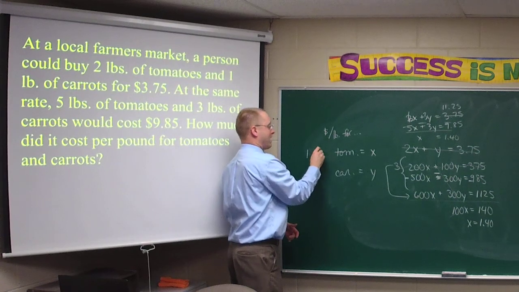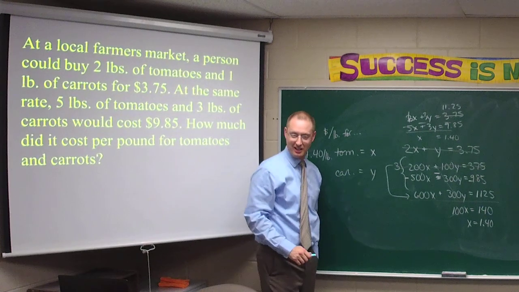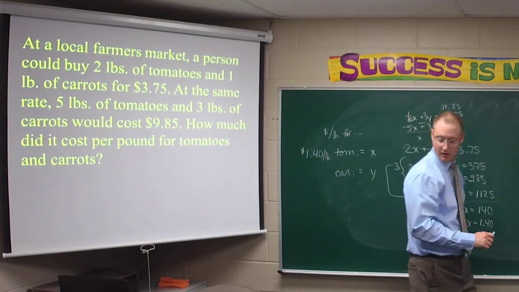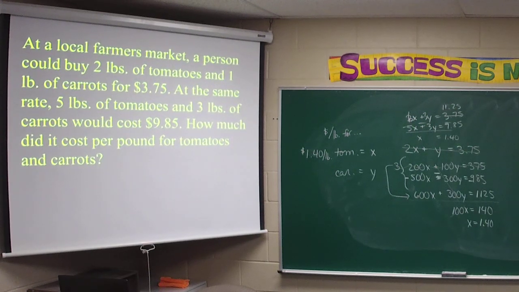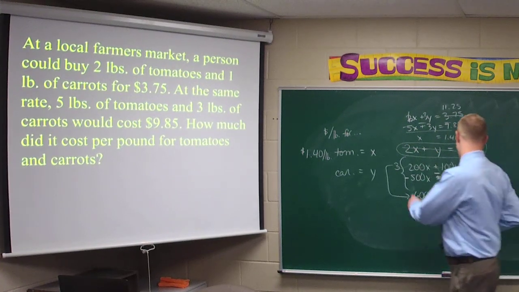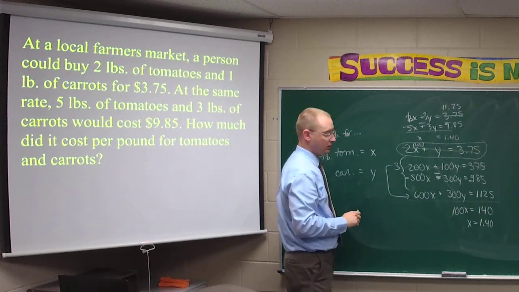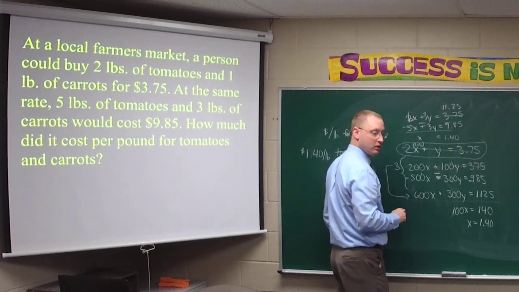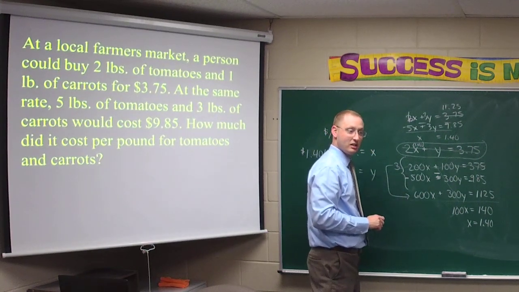It costs $1.40 a pound for tomatoes. What do I do to go about getting carrots, Genesis? I actually don't mind this one here. I don't think that's too bad because I can do 2 times $1.40 pretty easily. $2.80.